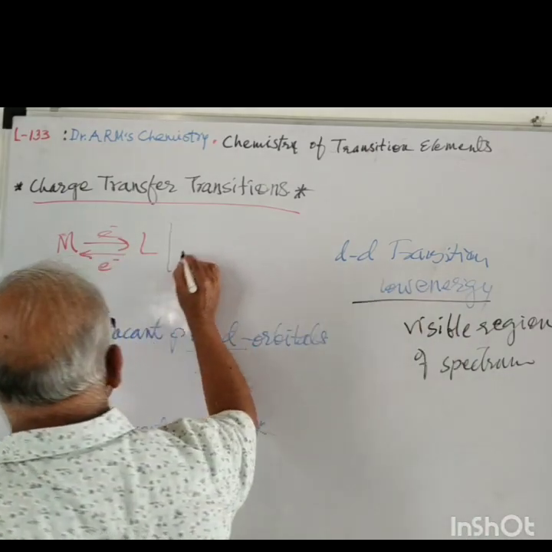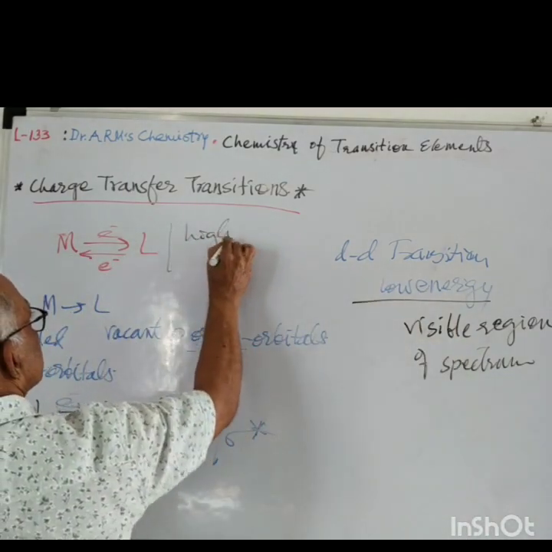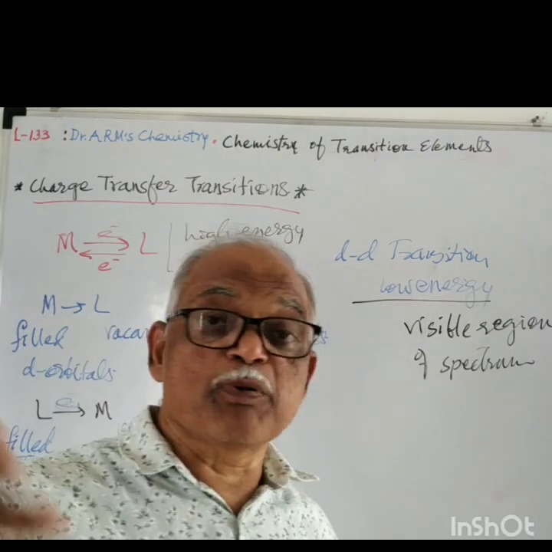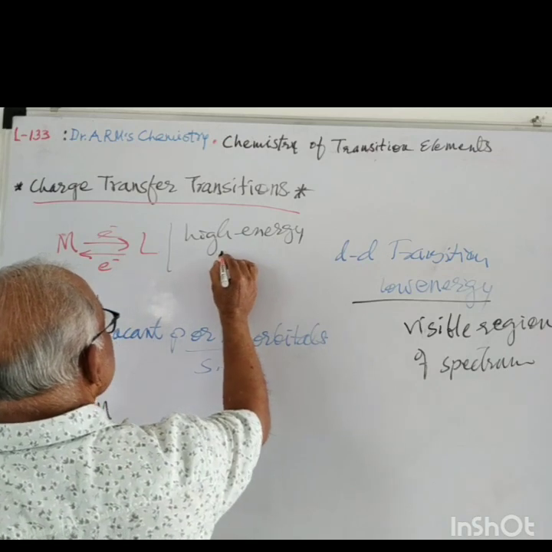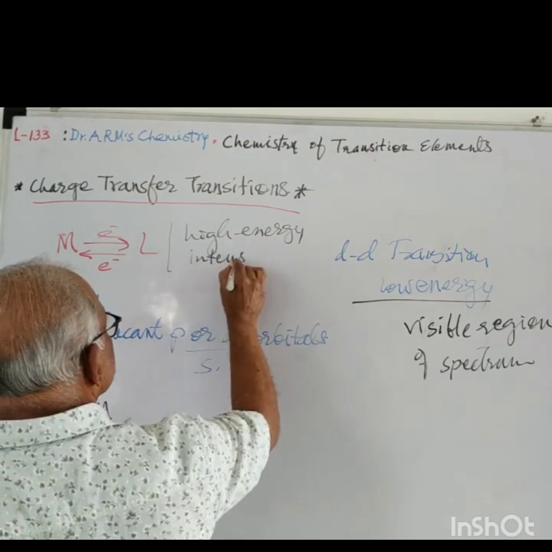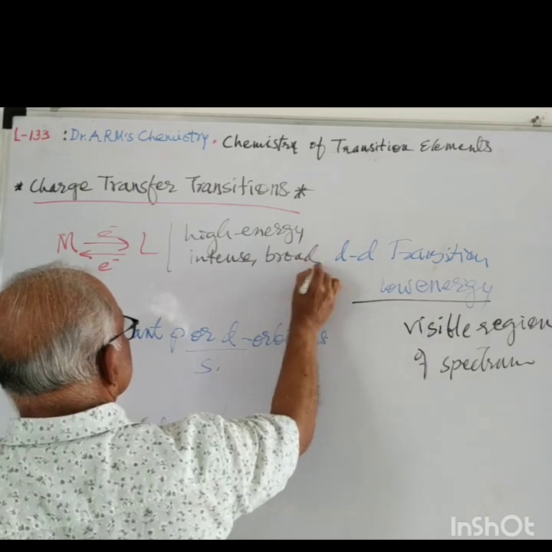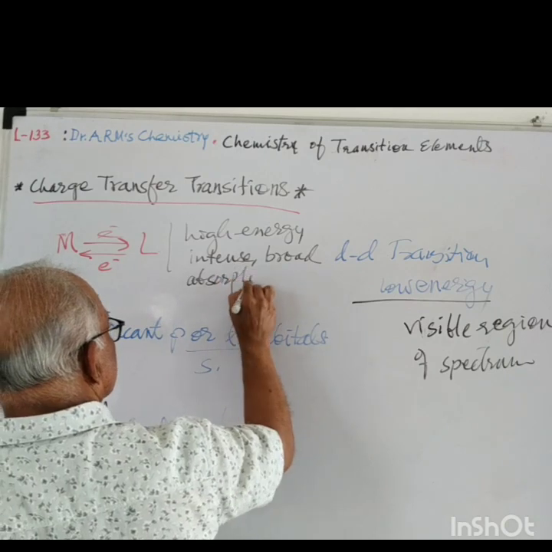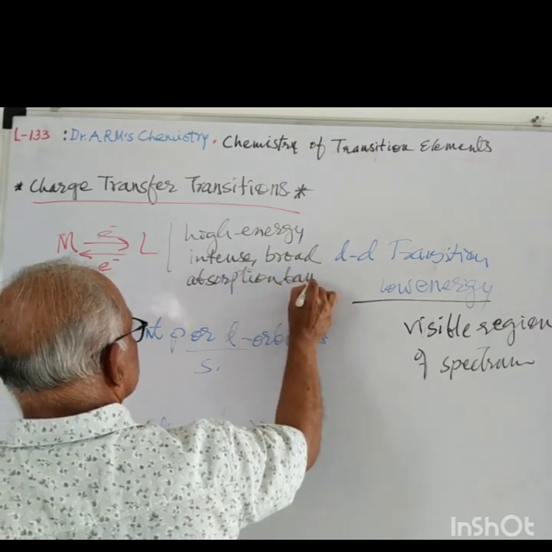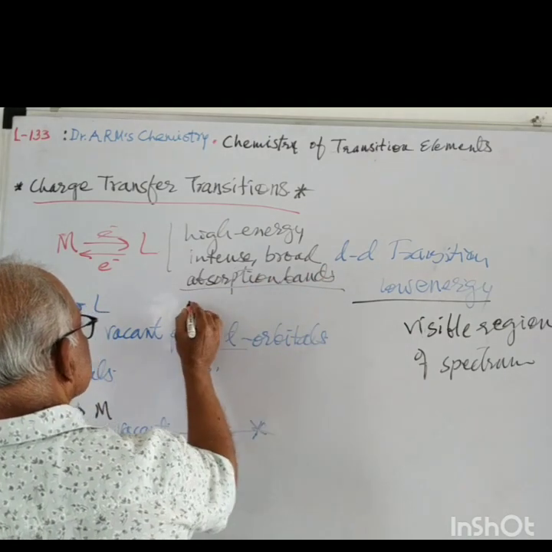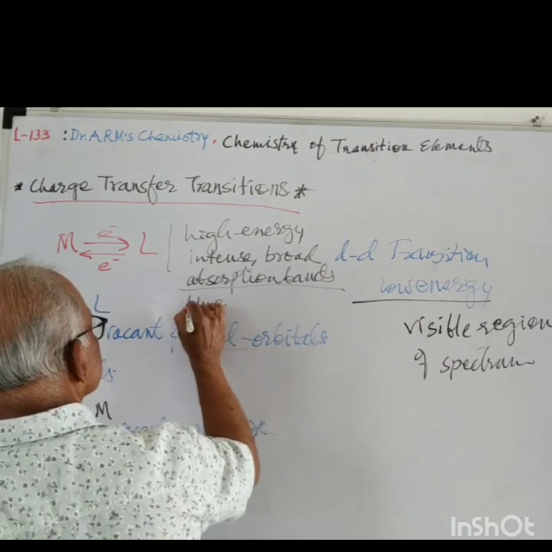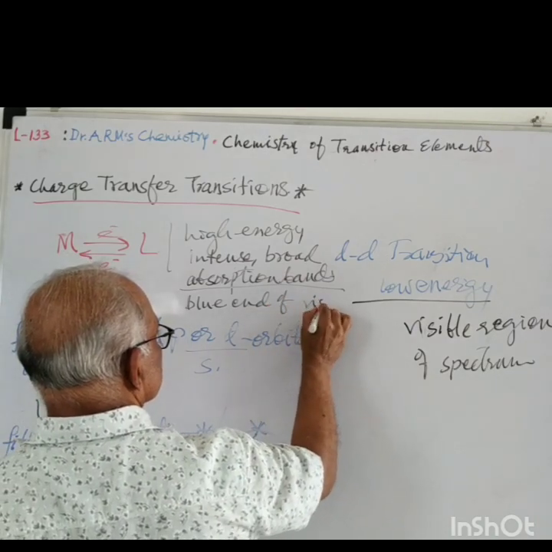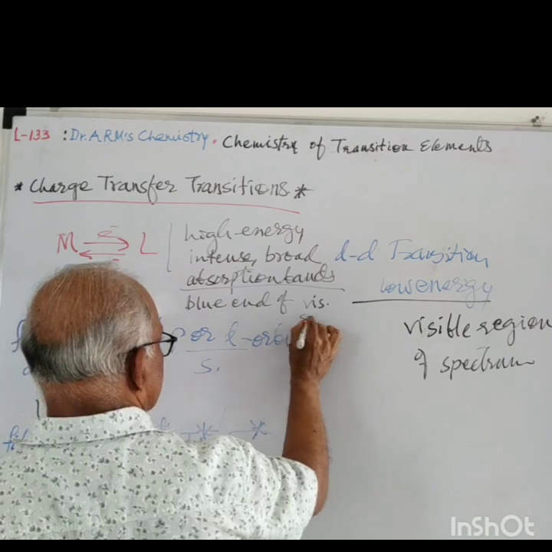Whereas these transitions are high energy. Because of this, they give broad, intense absorption bands, and they are located at the blue end of the visible spectrum.